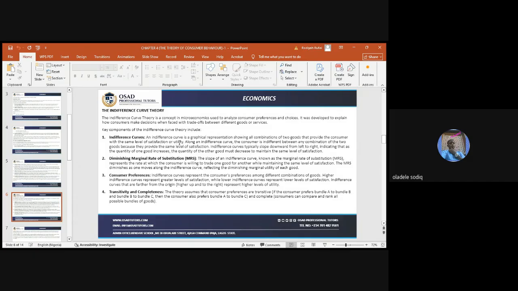Then we also have transitivity and completeness. This theory assumes that consumer preferences are transitive. So if the consumer prefers bundle A to bundle B and bundle B to bundle C, then the consumer also prefers bundle A to bundle C. And complete means the consumer can compare and rank all possible bundles.